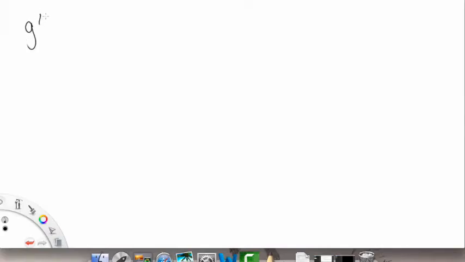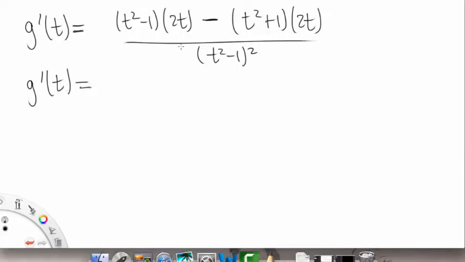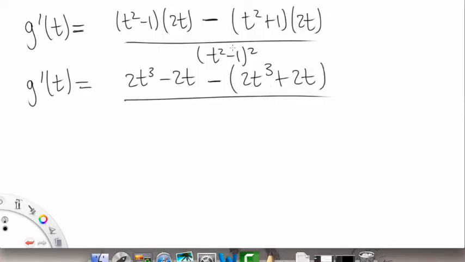Alright, so far we have found that g prime of t is equal to t squared minus 1 times 2t, and then minus, or less, t squared plus 1 times 2t, and this is all over t squared minus 1 squared. Okay, so if we distribute that in, we get 2t to the third minus 2t, and then we have minus 2t to the third plus 2t.